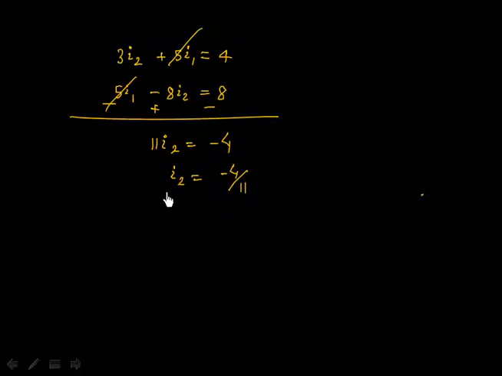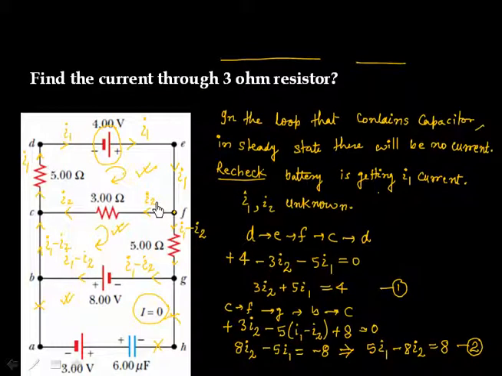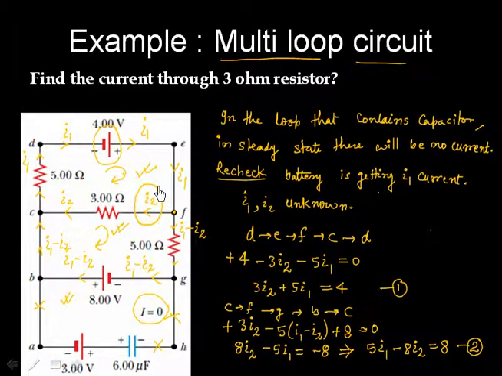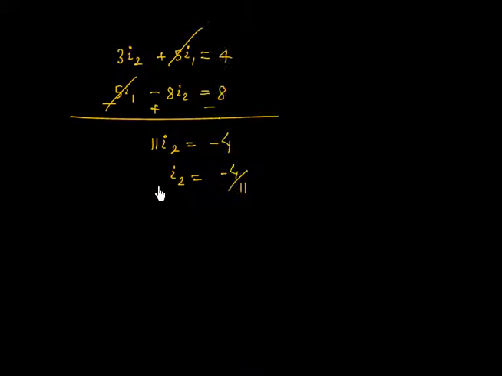So the negative sign shows the direction we have taken is basically reverse. So we see the direction of I2 is here, so this is I2, and the I2 direction is basically in this direction. So the negative sign shows the direction we have taken is reversed.